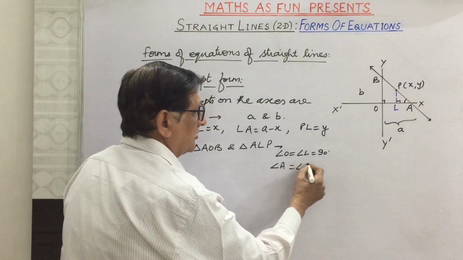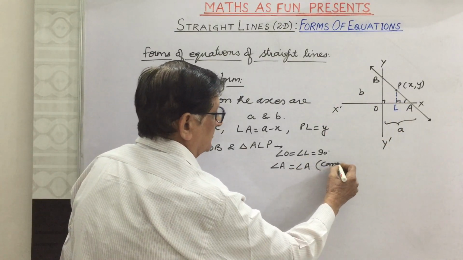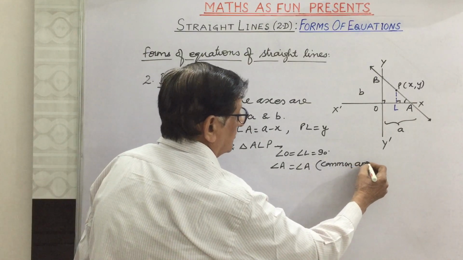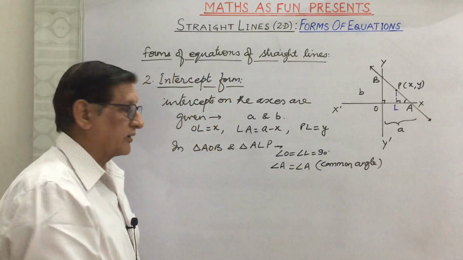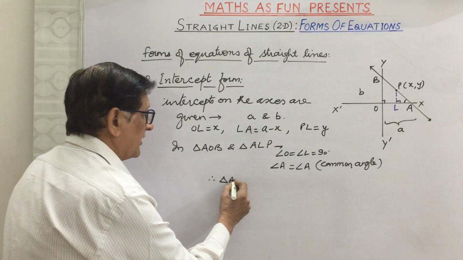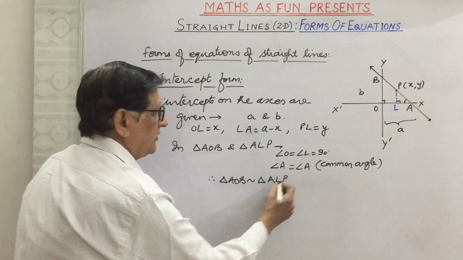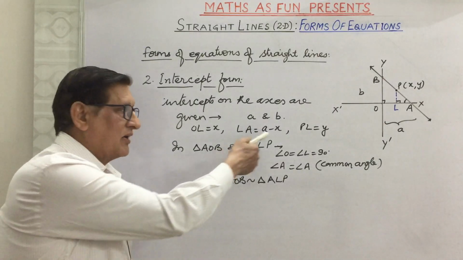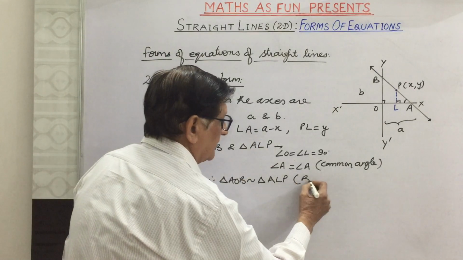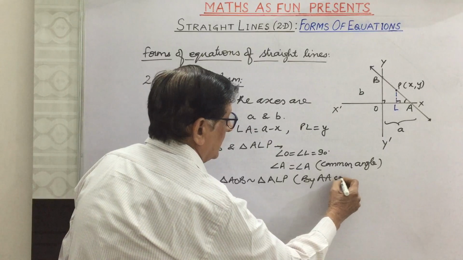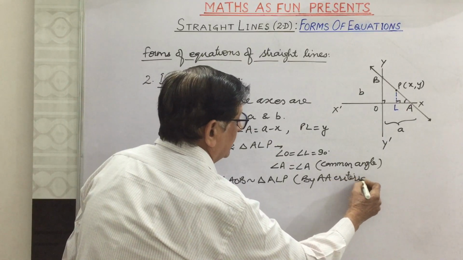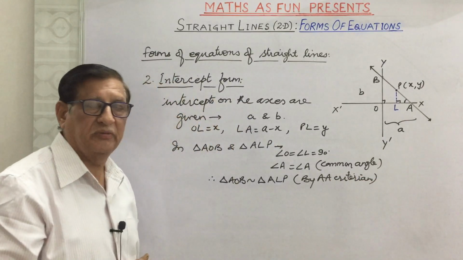So angle A is equal to angle A, that is the common angle. Can we say then triangle AOB is similar to triangle ALP? By what? By AA criterion. By AA criterion of similarity, these two triangles are similar.